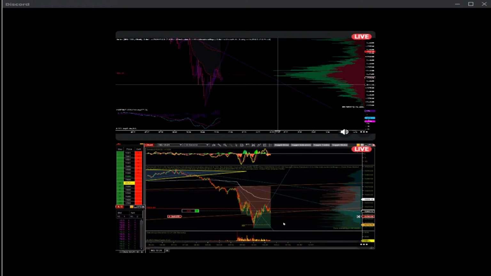Yeah, they retested the brown trend line.